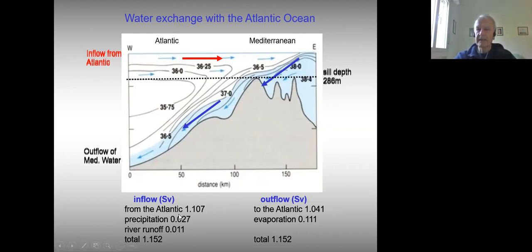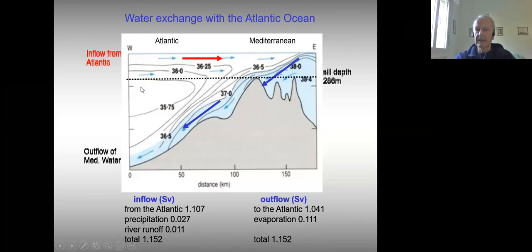And they obtained that from the Atlantic we have 1.1 million cubic meters per second of inflow. Then we have an outflow of 1.041, plus you have to add evaporation, river runoff and precipitation. So you end up exactly with the same number.